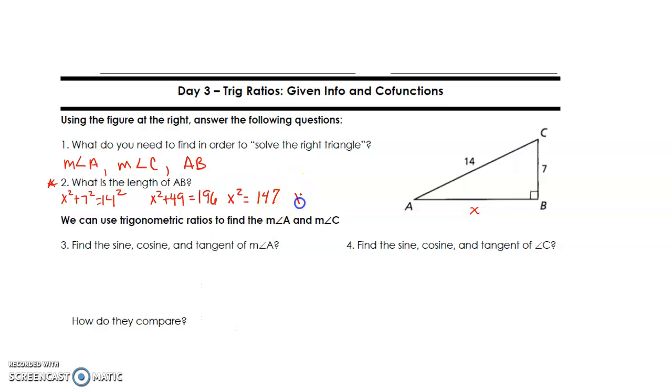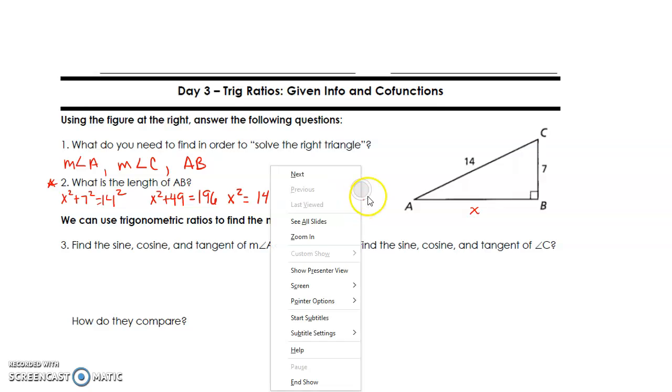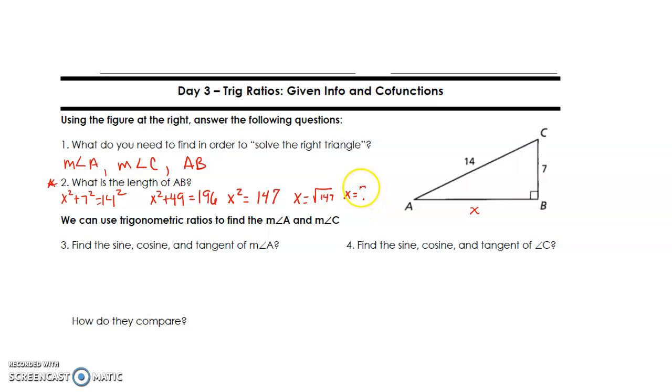Take the square root of both sides, and then you see if it simplifies. With your calculator, you find out that it simplifies to 7 root 3. So we know the length of AB equals 7 root 3 units.